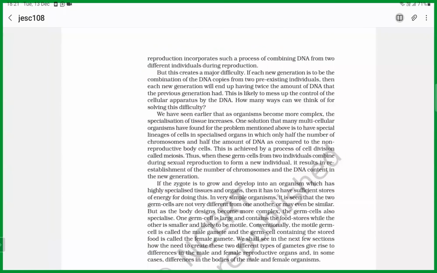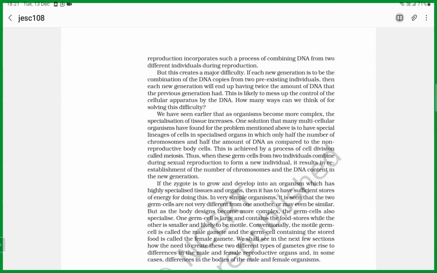Definition for lifespan. The amount of time a particular organism can live. From birth to death. The period from birth to death. Correct? Yes, sir.